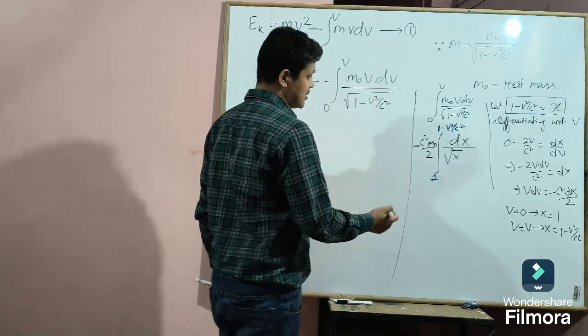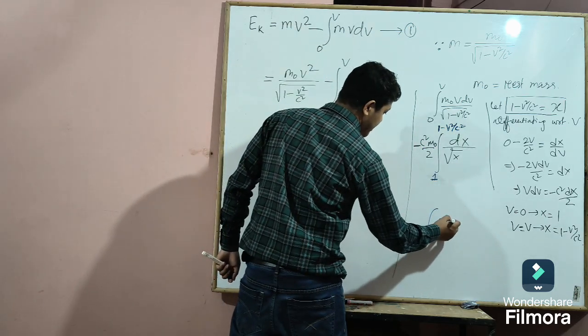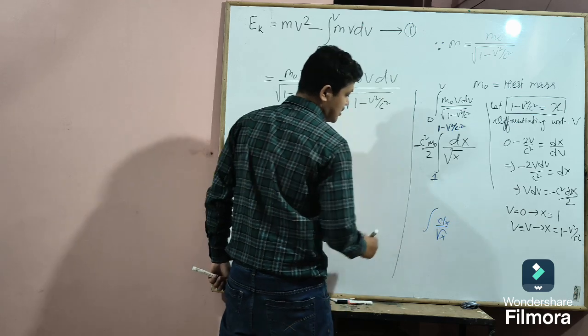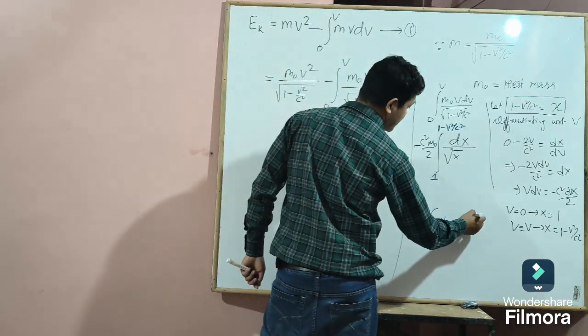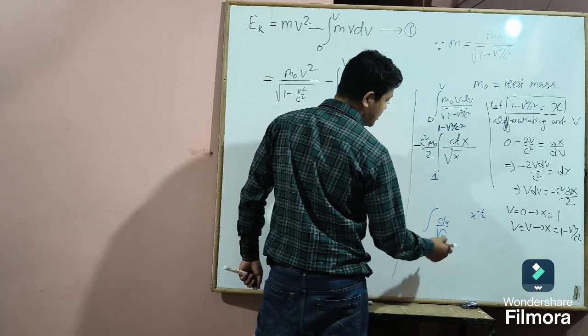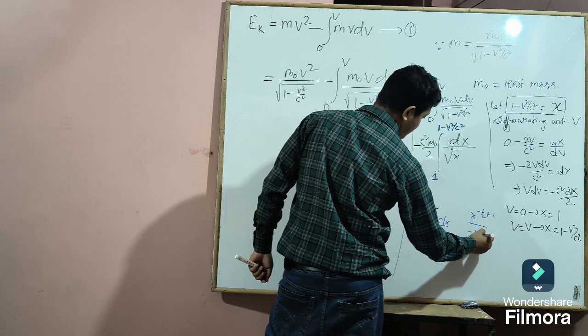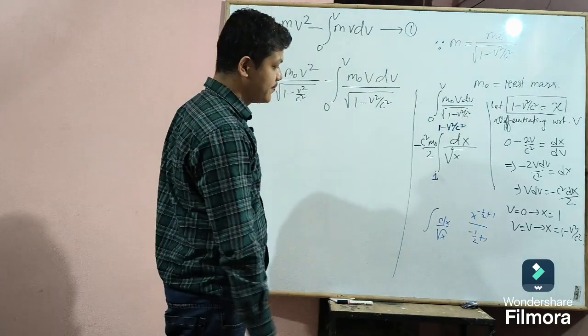Now if you integrate this, now you see integration of dx by root x. So 1 by root x is x to the power minus half, and if you integrate this, then it's going to be x to the power minus half plus 1 by minus half plus 1. That's what we should get, right?